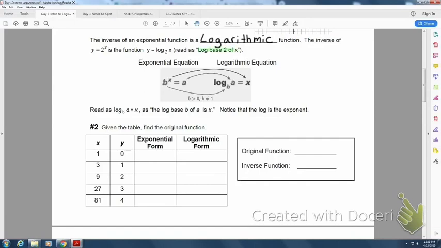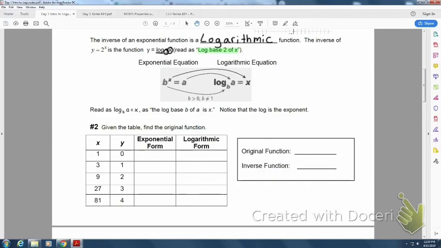Please familiarize yourself with how you pronounce that. Log base 2 of x. Log base b of a. That's how you would say that if you were trying to sound somewhat intelligent.